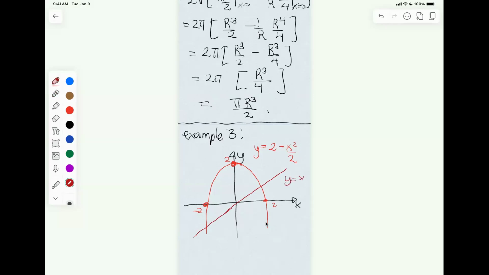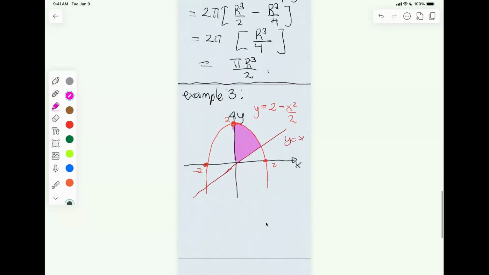Okay. So there is some region between the two curves, right? There is a region between the curves, and so you want to find the volume of the solid.